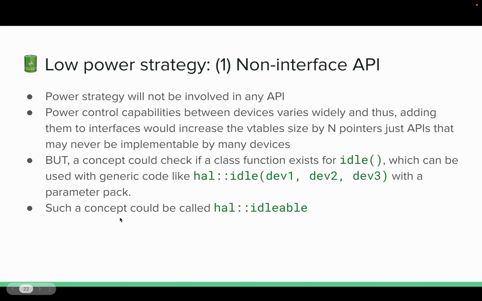First, let's talk about the non-interface API. So the power strategy will not be involved in any API, and actually I should have said interface is a better way to say that, not any API, but any interface. The power control capabilities between devices varies wildly. You can have one IMU that has power states and another IMU that has none. I mean, shoot, I've seen IMUs that output analog values.